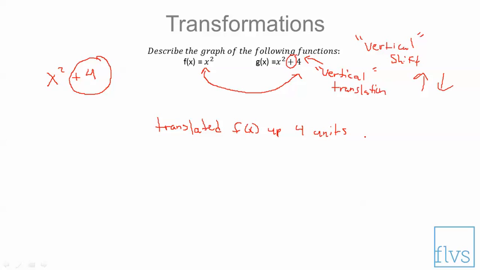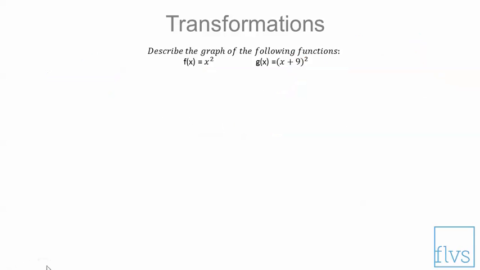That's just a fancy way to say it. There are a couple ways you're going to see the phrasing of it, but it's the same idea. I went up 4 units, I translated it 4 units in the positive direction, up the y-axis. So if the number is by itself here on the outside, then it is a vertical translation. If it's positive, it went up, and if it's negative, it went down.